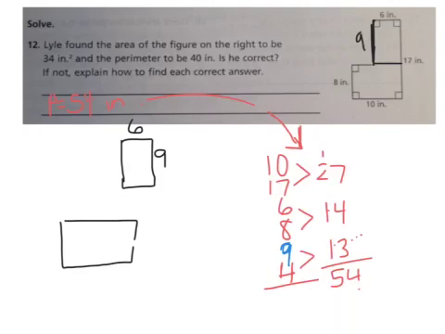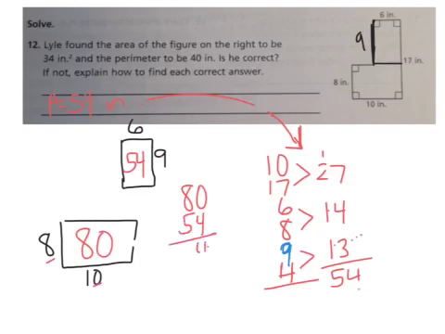My horizontal rectangle is already done for me. I have 10 and I have 8. To find the area, I just multiply these two numbers together, length times width, and I get 80. Length times width, and I get 54. And then I have to add these two together, and I get 134 inches squared. So he was super far off in his area, and where we're explaining how, this is our explanation.